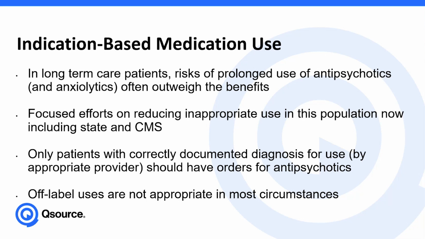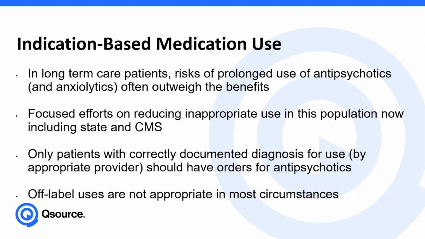In long-term care patients, there is a risk of prolonged use of antipsychotics, and it's important to make sure that we're truly understanding the risks and that the risks we're imposing on the patient don't outweigh the benefits. We really are focused on reducing inappropriate use in this population because we're seeing poor outcomes in long-term care patients that are on antipsychotics.